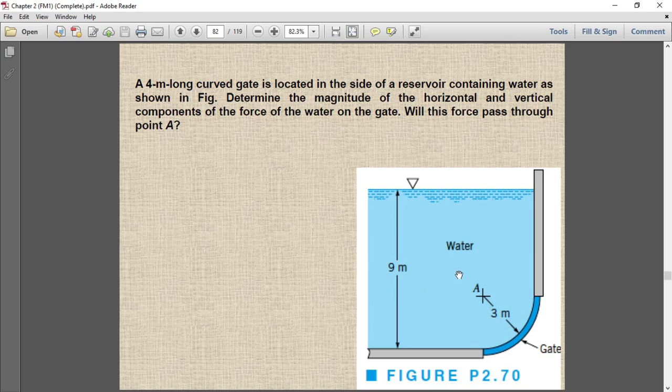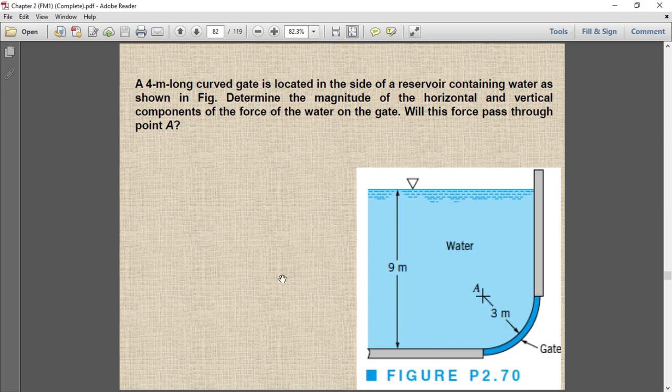Okay, so some information is given. The height of the fluid is 9 meters. The radius of the curved surface is 3 meters. And the length of the gate in the 3D direction is also given. If you see, in this direction, in the Z direction, the length is 4 meters.